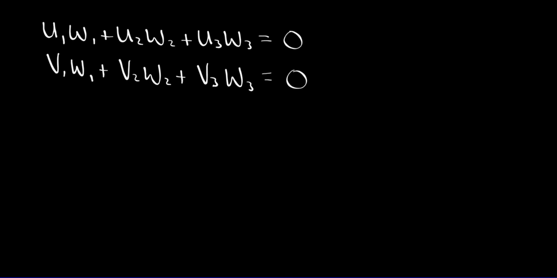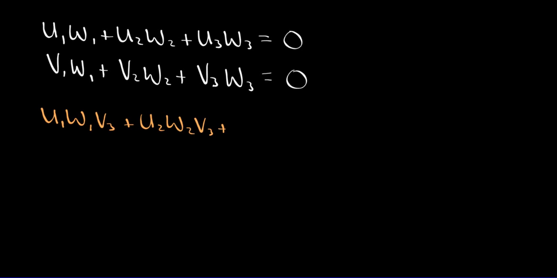Here's what I want to do. I want to, first of all, just eliminate the W3. And the way I'm going to eliminate the W3 is I'm going to start off by multiplying this first equation by V3. So, dig this. Here I go. I've got U1 W1 V3 plus U2 W2 V3.